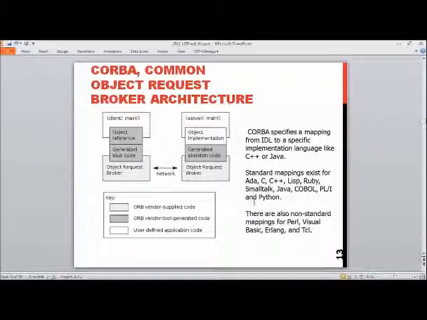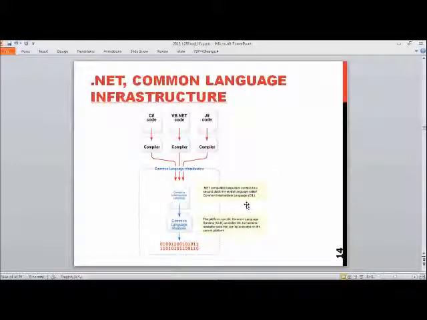Similarly, there's also .NET infrastructure, where we actually have the possibility to use different programming languages to basically create one solution for object. You can see that we can basically use C#, Visual Basic or Java Sharp code.